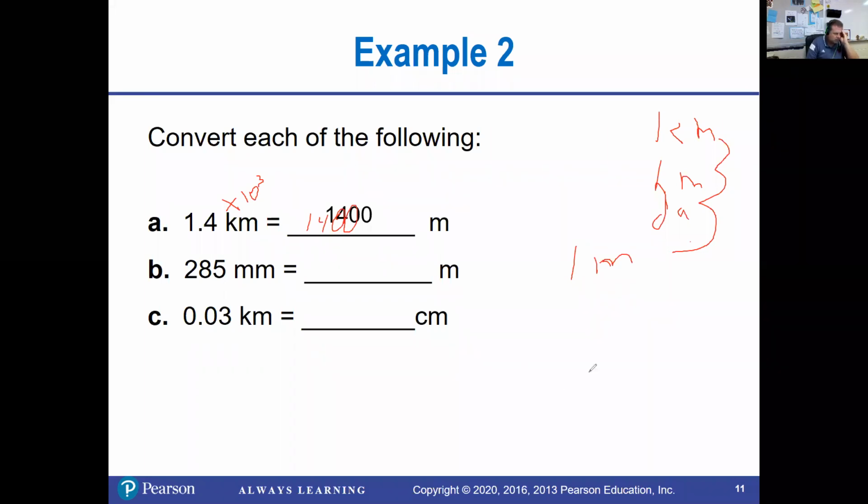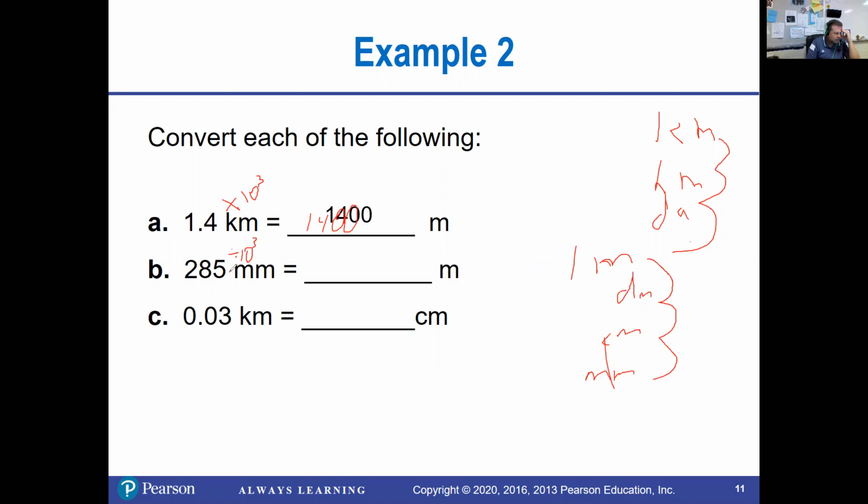If I start from the bottom, below it, millimeters is down here. You have millimeters, centimeters, and decimeters. There are 3 levels here: 1, 2, 3. To get up 3 levels, we're going to divide by 10 to the third.